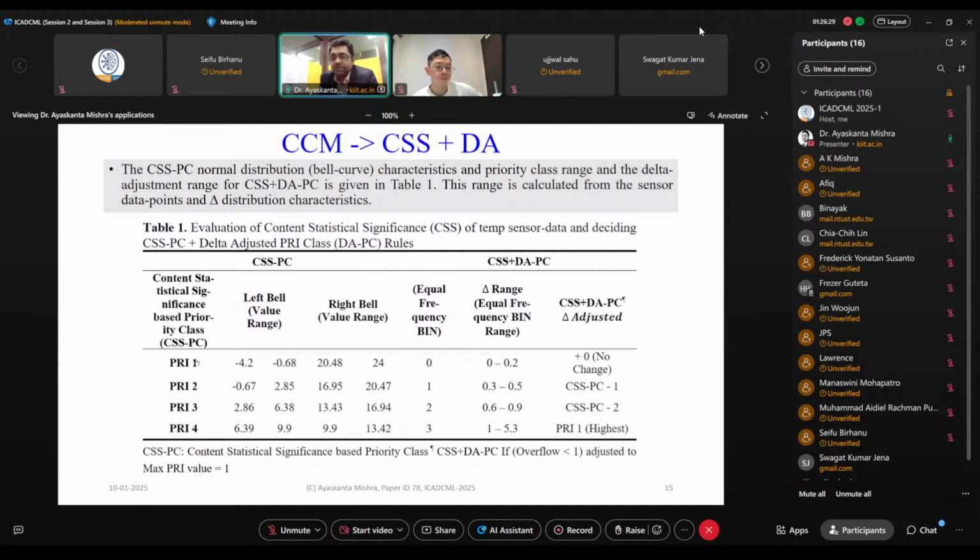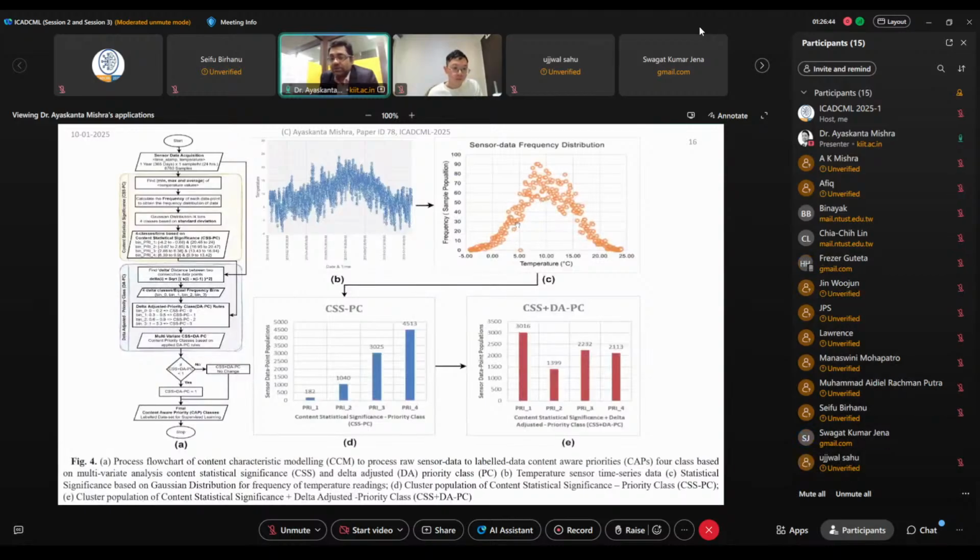These are the priorities, as priority 1 is the highest priority, priority 4 is the lowest priority. And this is the content statistical significance. That means the bell curve. I'll just quickly go to the figure. So this is the bell curve, which is showing the frequency distribution of the temperature sensor data.